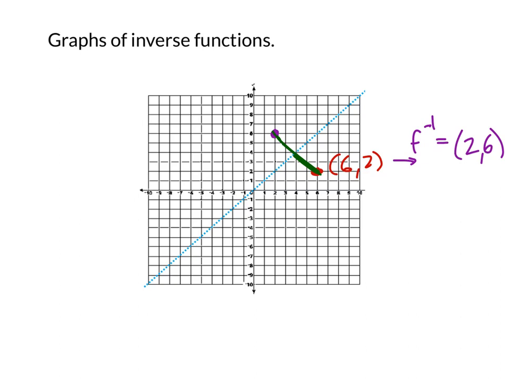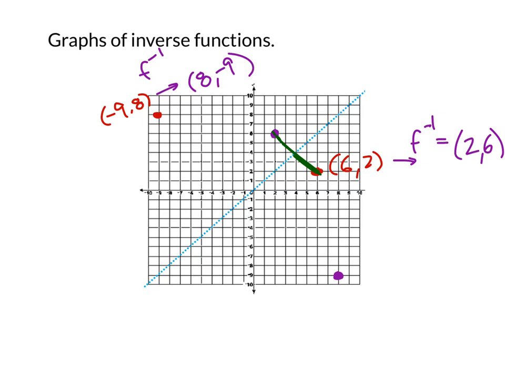If we started with something, for example, up here at -9, 8, and we reflected this, its reflection, or its inverse, would then be at, we're going to switch those, 8, -9, down here.